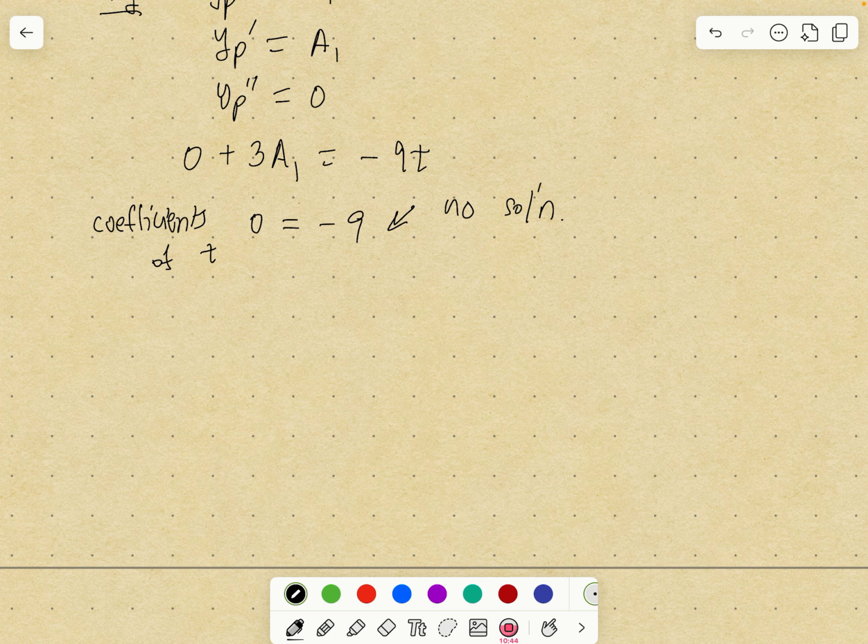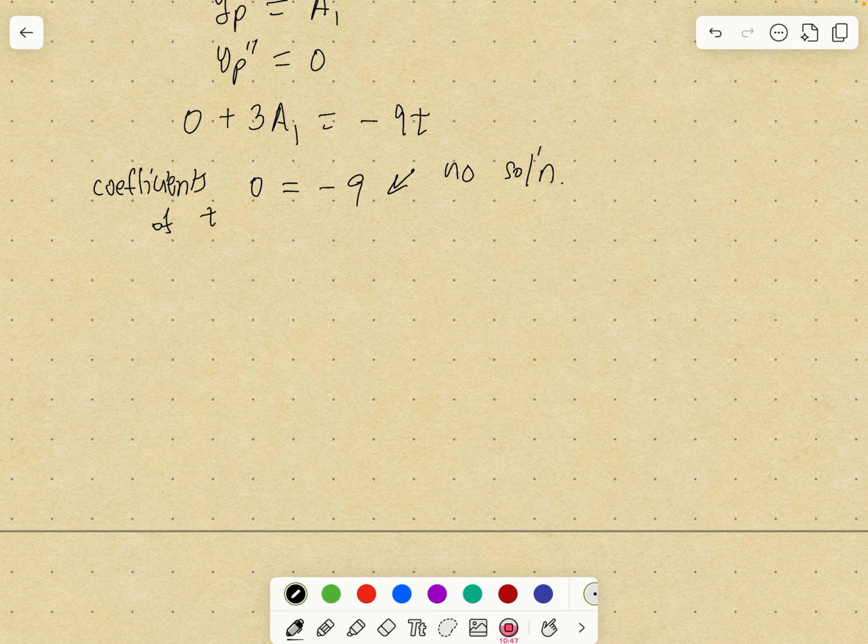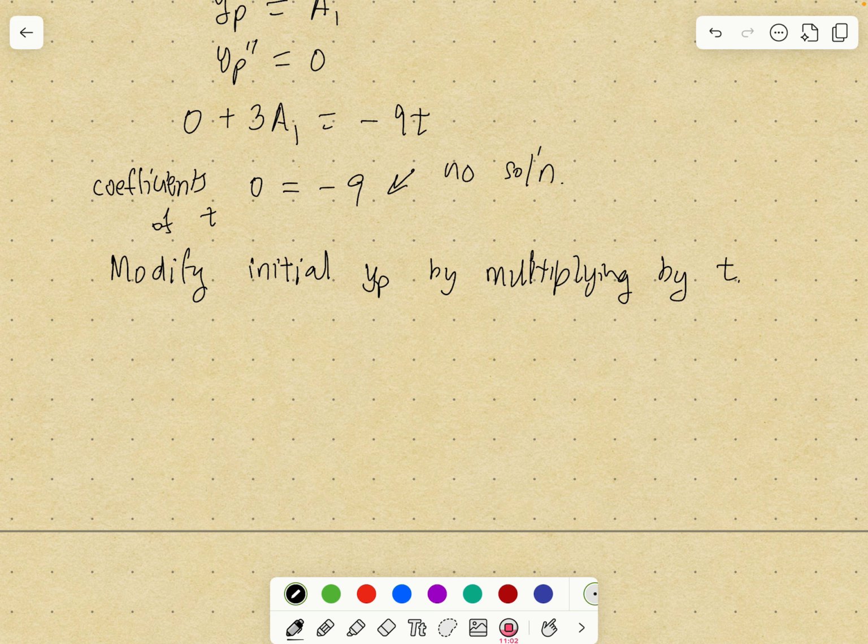And it turns out that what you need to do when you have this situation is you can modify the initial yp by multiplying by t.